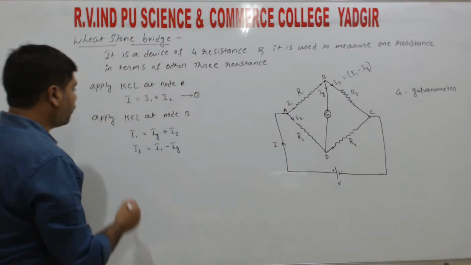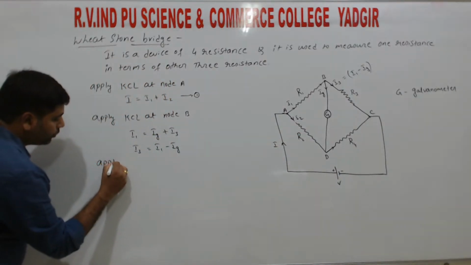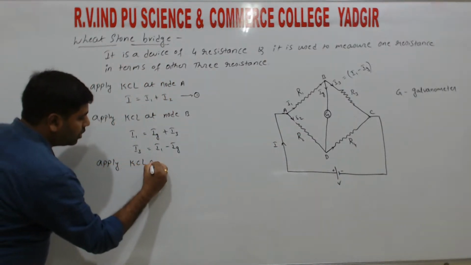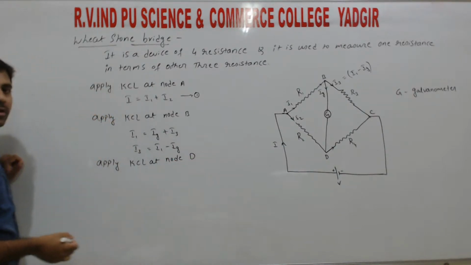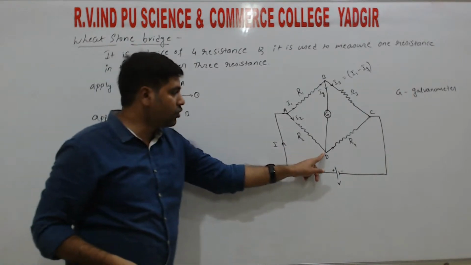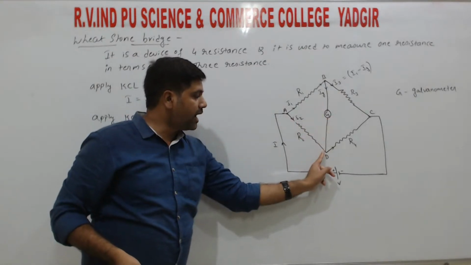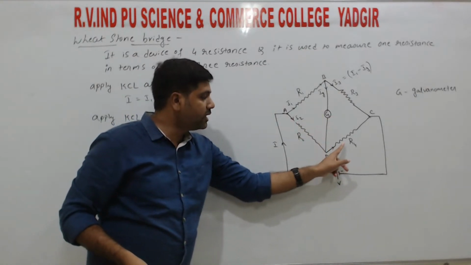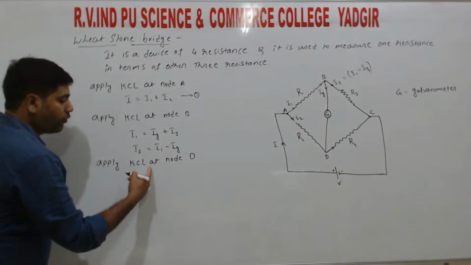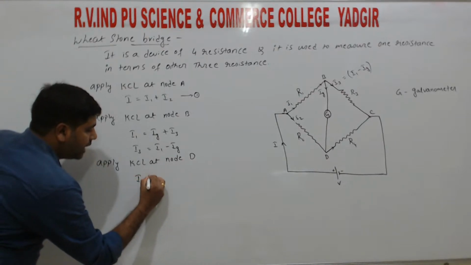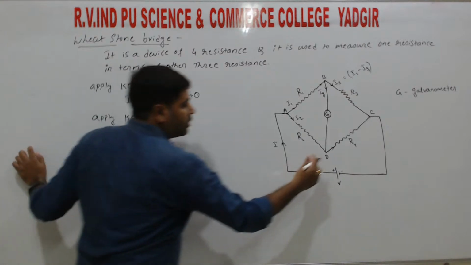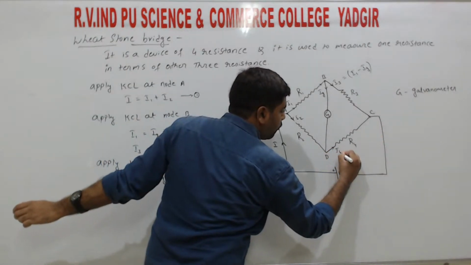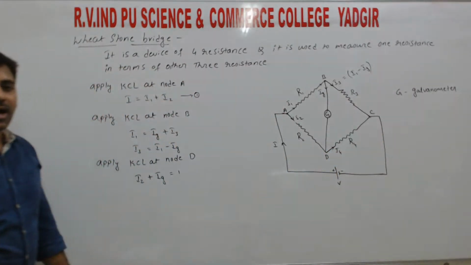So again, if we apply KCL at node D, two currents are entering the junction and only one current is leaving. From KCL we can write I2 plus Ig is equal to the current flowing through the resistance R4, which we take as I4.